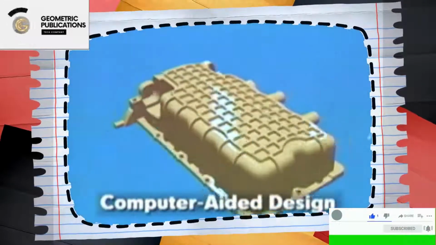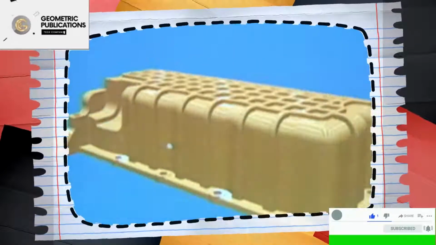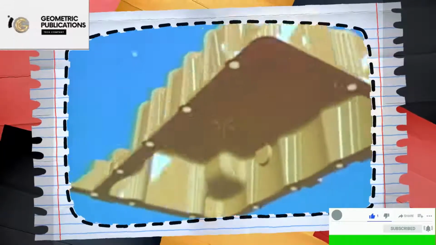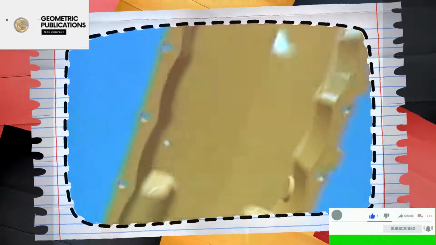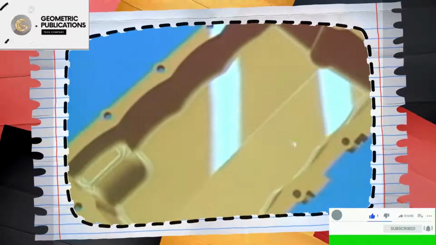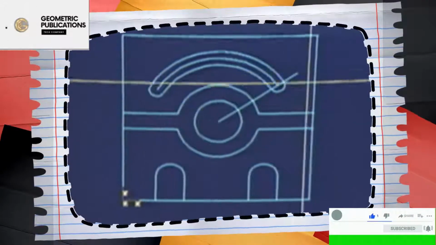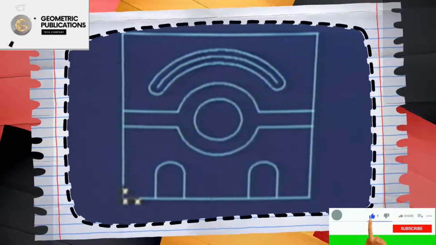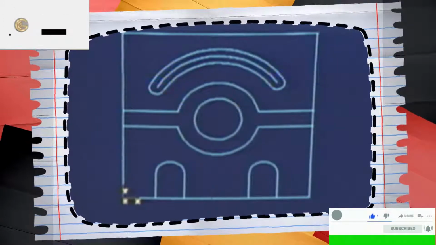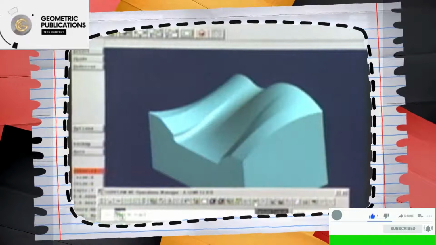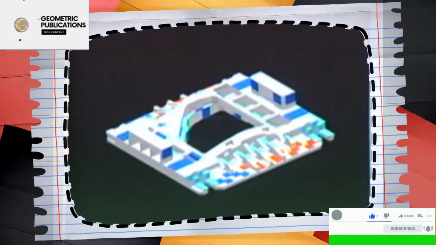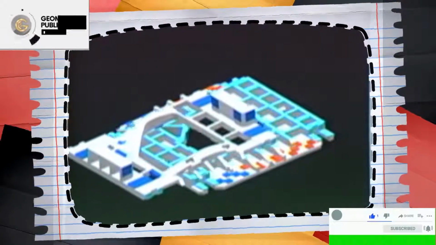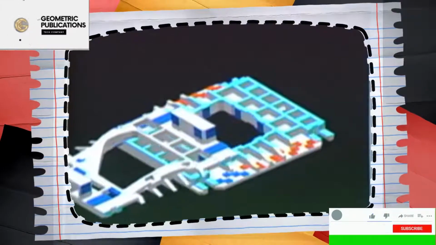A computer-aided design, or CAD system, involves the use of computers to graphically create geometric product designs and models. These models can be presented in three manners: as a line or wireframe representation, where all part edges are visible as solid lines, or as a surface model, where all visible surfaces are present in the model, or as a solid model, where the model data describes the part's interior volume as well as the part's surfaces.